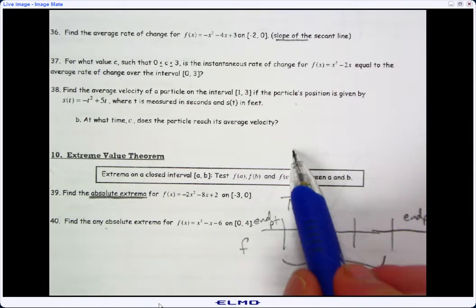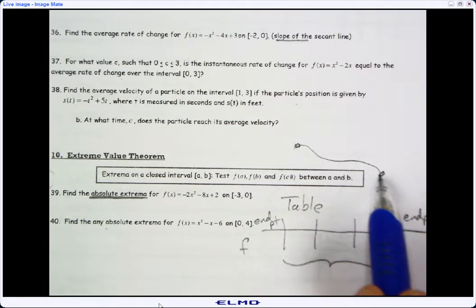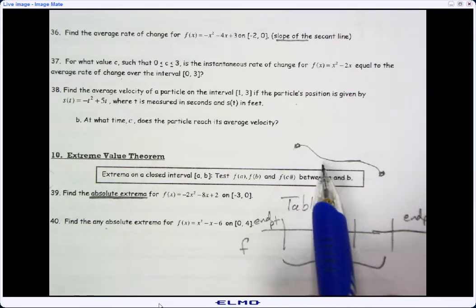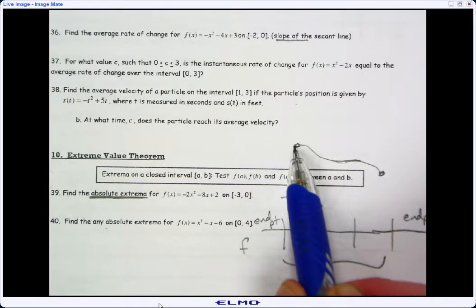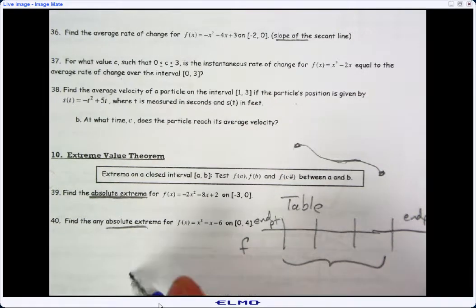So remember that if you have a little interval that does this, we have a relative max right here, and depending on how much this turns out, we might have a relative min right there, but the absolute max could happen at the endpoint. So with absolute, remind yourself, endpoints.